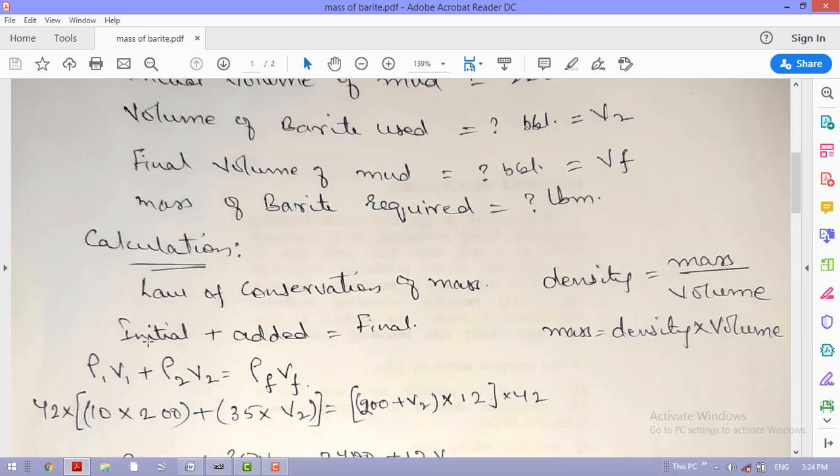So the initial mass, which is density into volume, is represented as rho1 V1, and the added mass, which is the added barite, in terms of density into volume is rho2 V2, and the final as rho f Vf.